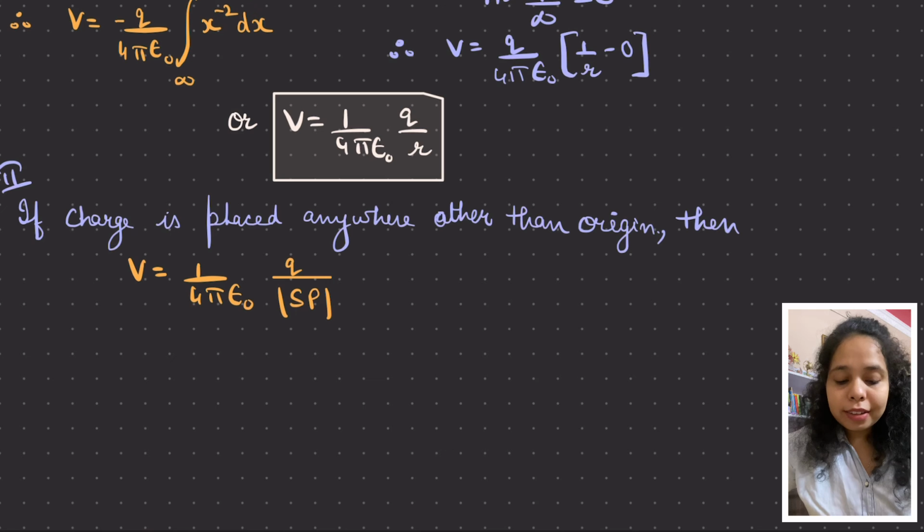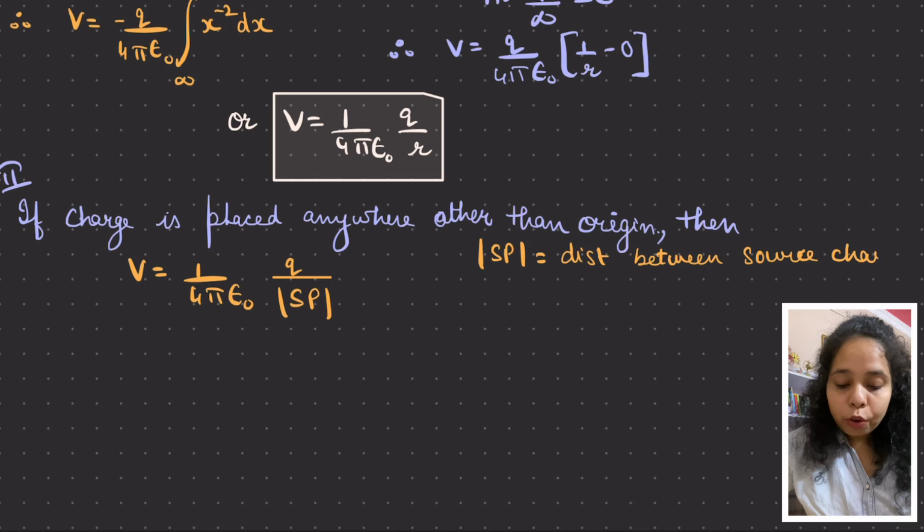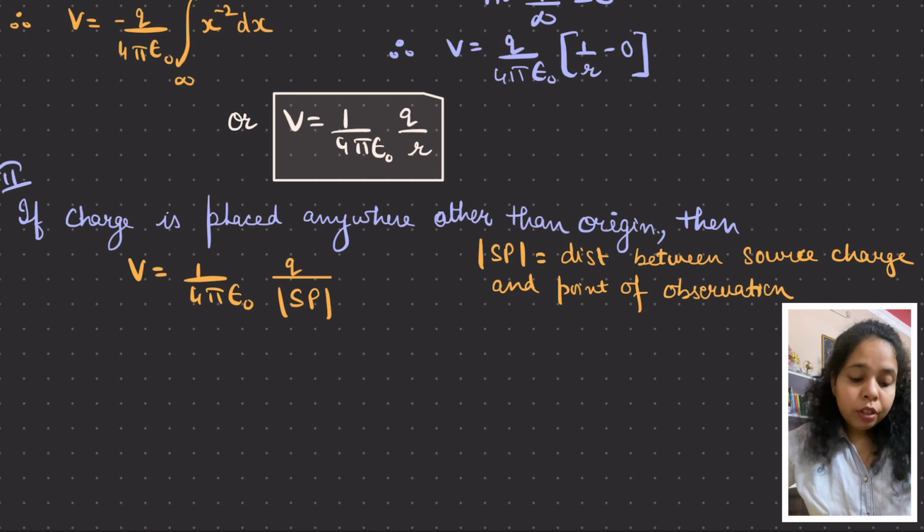We will mark it as SP, and SP is the distance between the source charge and the point of observation. Right, so this is the expression.